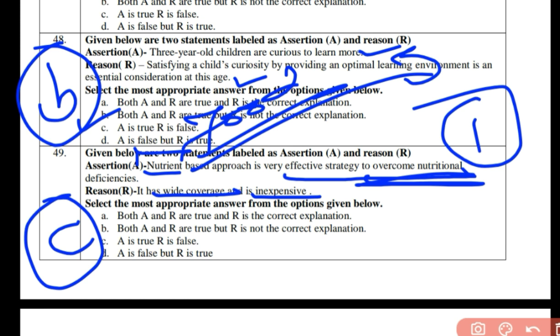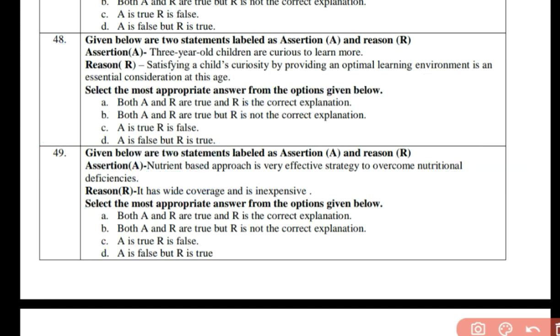So here I just got confused and talked about the food. So the answer is: nutrient based approach is very effective, and because it is very effective, it is expensive. We are talking about any one particular nutritional deficiency, and when it is expensive, it does not have wide coverage. It is for a limited society, but it is more effective to treat any one nutritional deficiency.